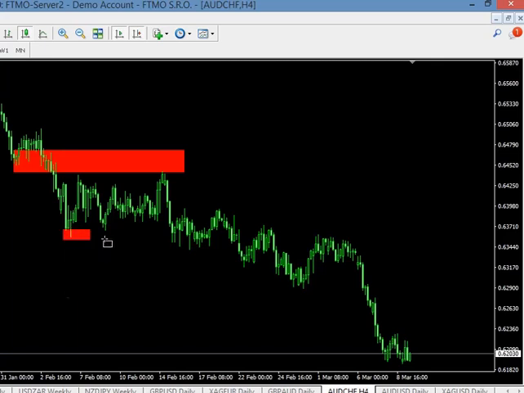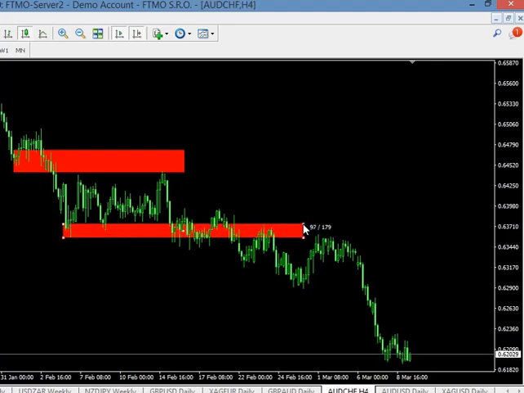Market broke again structure over here. And retested it again on several occasions.